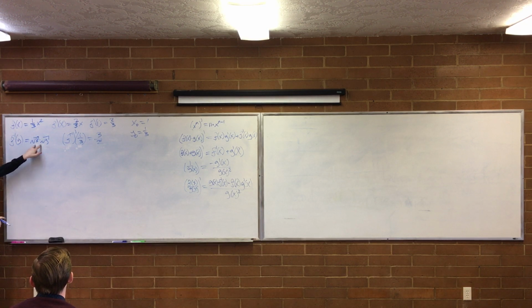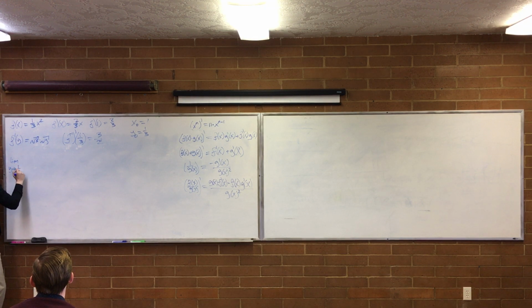So we're taking the derivative of this thing. What is the derivative of this thing? So we've got the limit as y goes to y naught, but in this case we're doing 1/3.